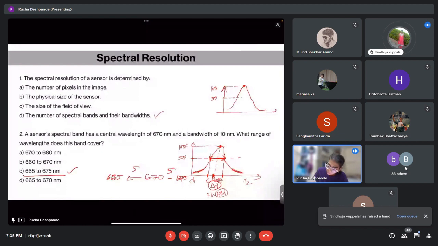Now, the two points at which this line intersects the curve, that is your range. So here you will get one lambda, here you will get another lambda. Is that okay? Okay, ma'am. Thank you.